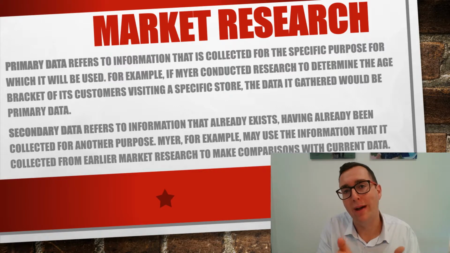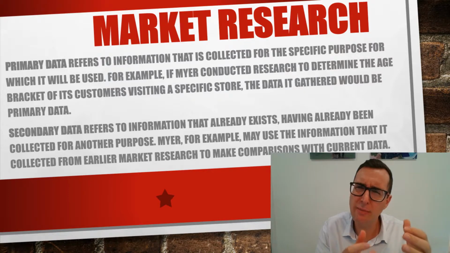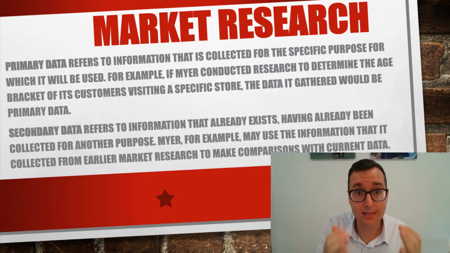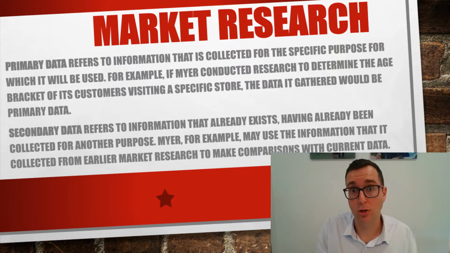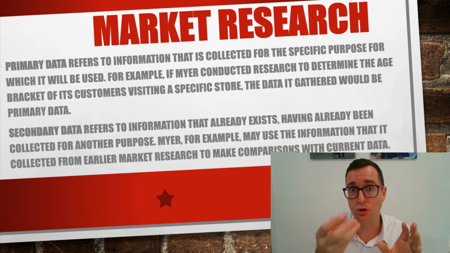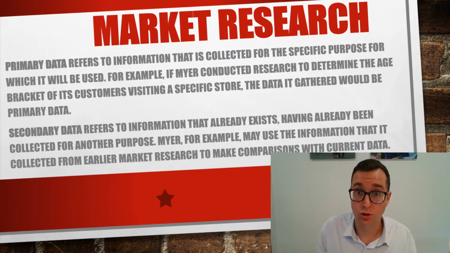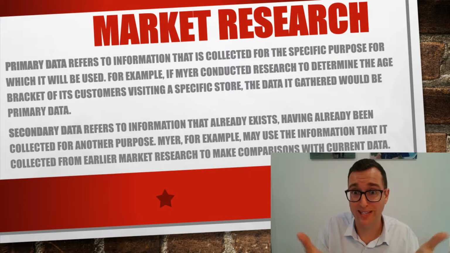But if they look back five years ago, or ten years ago, or a couple of years ago, for a similar-ish question, they conducted the research themselves still, that makes it secondary because it wasn't designed for that specific current purpose. You're just reusing or rehashing, could be useful, but reusing previous research you've conducted. That therefore makes it secondary.